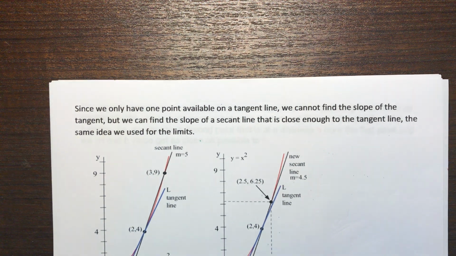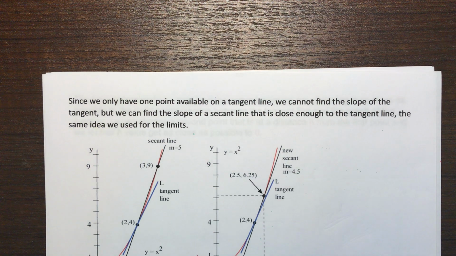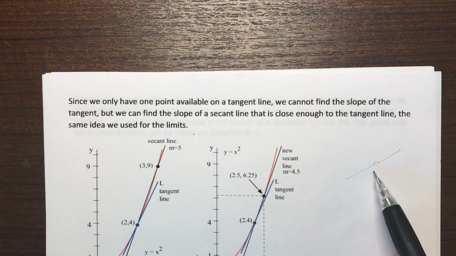So I'm saying here it's the same idea that we used for limits. What do I mean by that? What I mean is we couldn't quite figure out what was happening at one point in the graph, maybe there's a hole in the graph, so we don't have an idea of what happens exactly when x was -3, for example, yes?